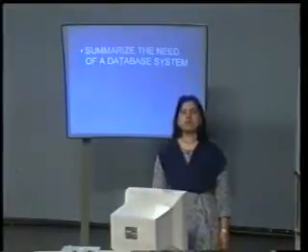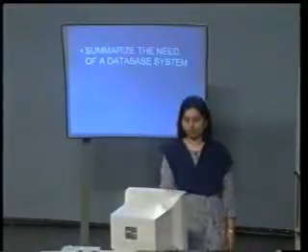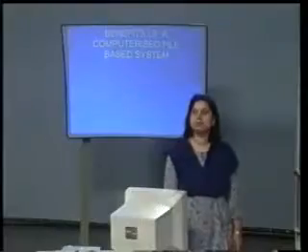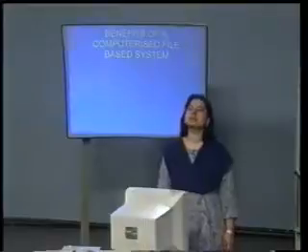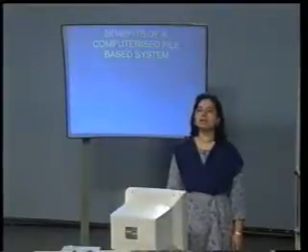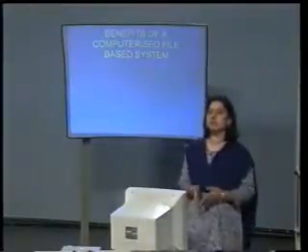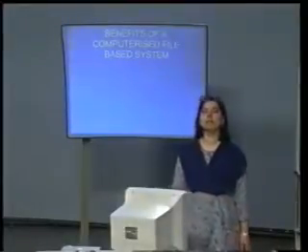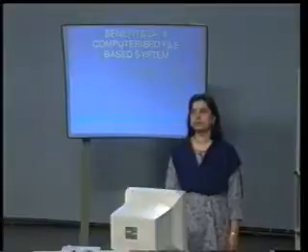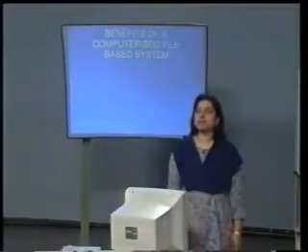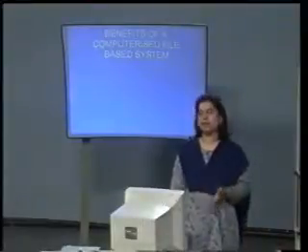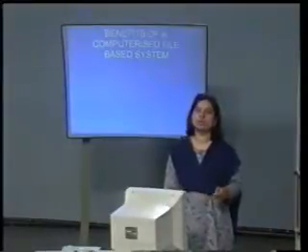The earliest filing system was manual. If you remember, in the railway reservation system or even the banking system, all the data was being maintained on registers or in files. But now we have a computerized filing system. The disadvantages of the manual filing system were: it is prone to error.